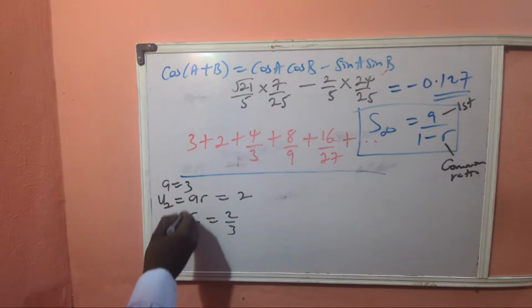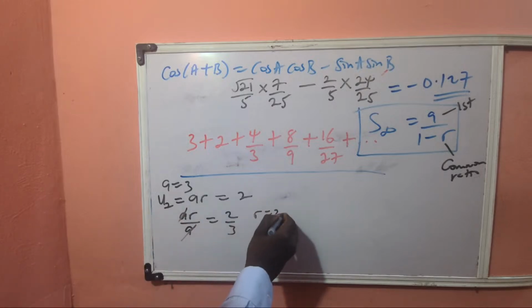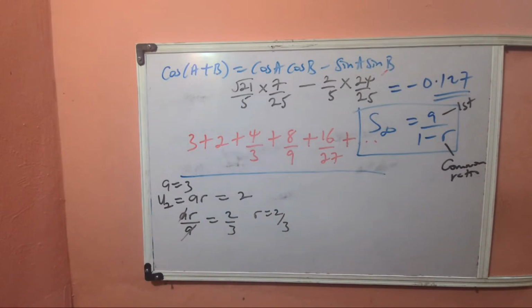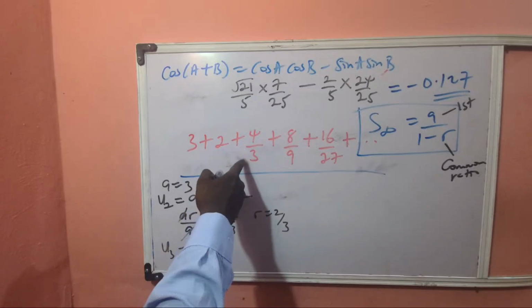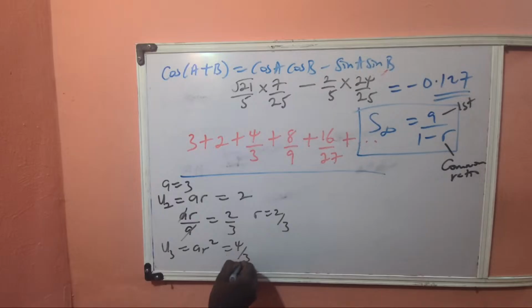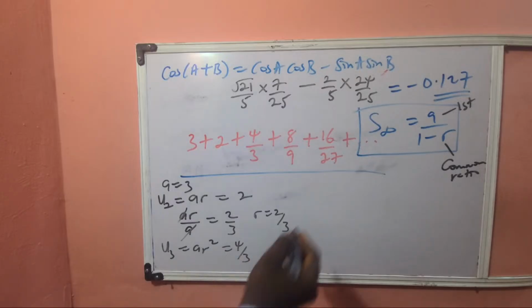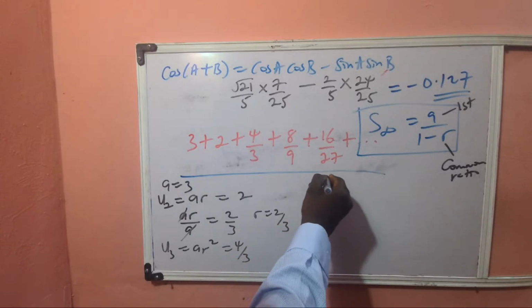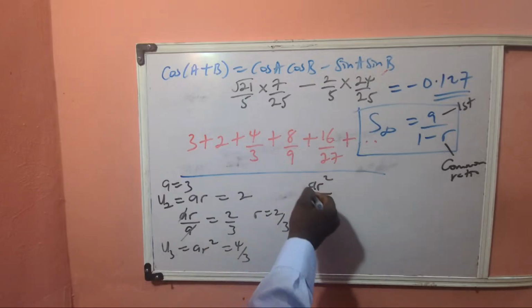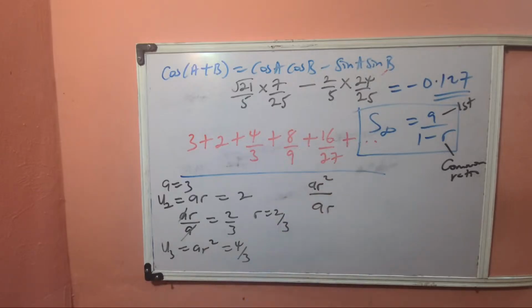Of course, A here, we cancel A. My R is 2 over 3. I can go on to confirm this. Let's try for U3, which is equal to AR raised to power 2. U3 gave me 4 over 3. So if I decide to do AR squared, that's U3, divided by U2.